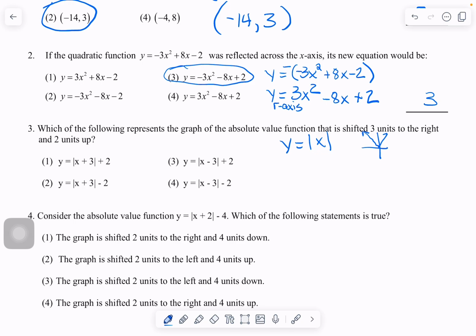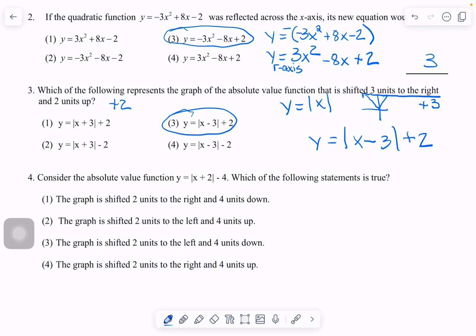So we know that's going to be x minus 3, because 3 units to the right is +3, but we have to have the opposite sign in our equation. So we have y is equal to the absolute value of x minus 3, and in the y direction it goes up 2, so that's a +2. We don't change the sign in the y direction. All right, so this is equation number 3.